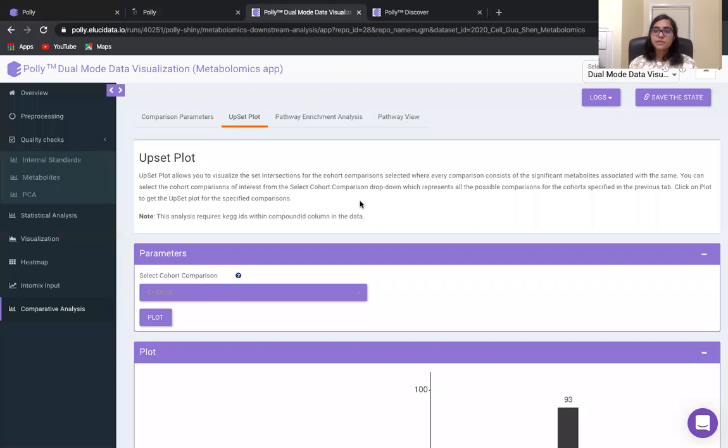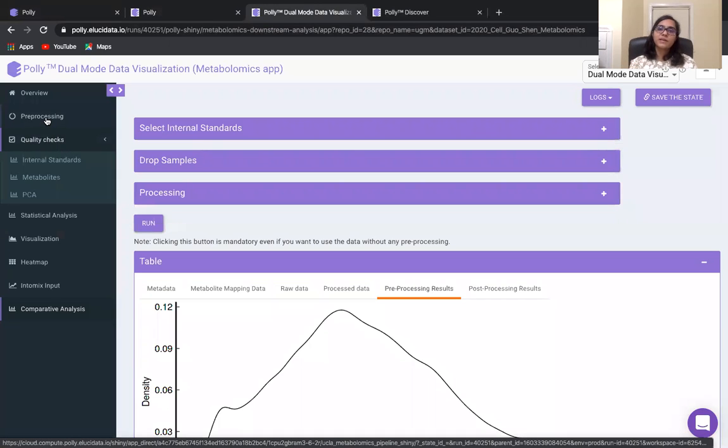Now, one of the key biological processes that the authors had identified in these data was amino acid dysregulation. And you'll see very quickly how we can arrive at the same conclusion in a few minutes.